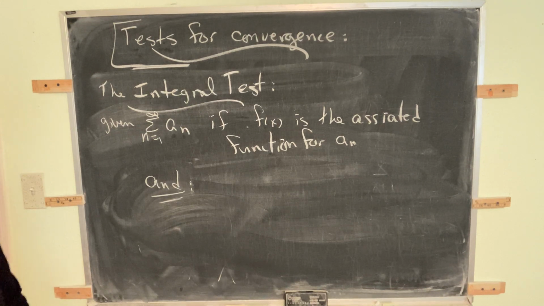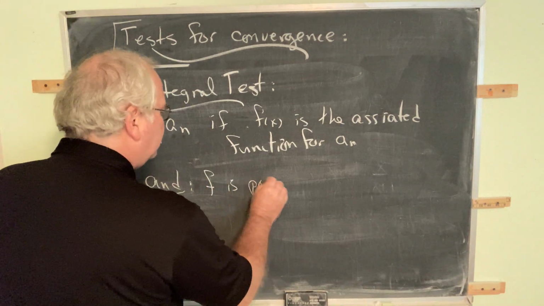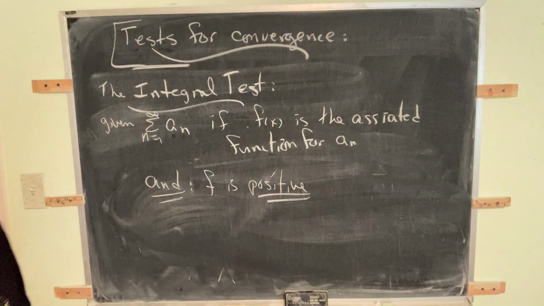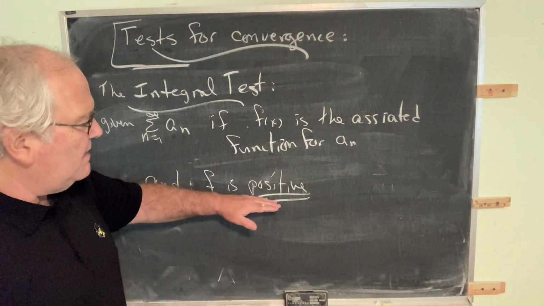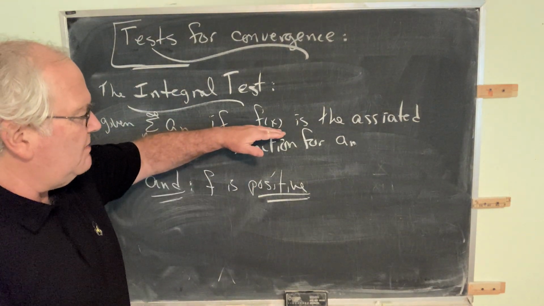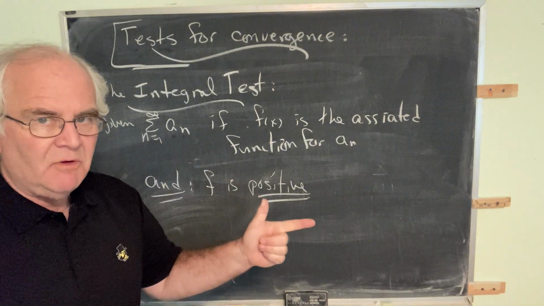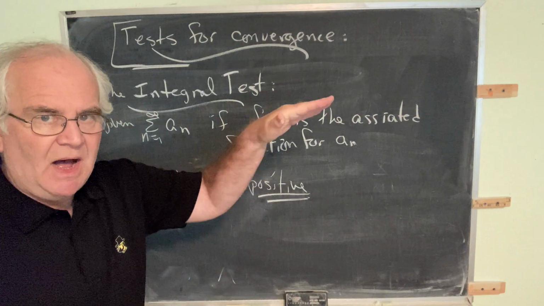And the requirement is this, is that f is positive. Now, what does that mean? All the function values cannot be negative, they cannot be zero. Remember, there are three categories of numbers: the negatives, zero, and positive.